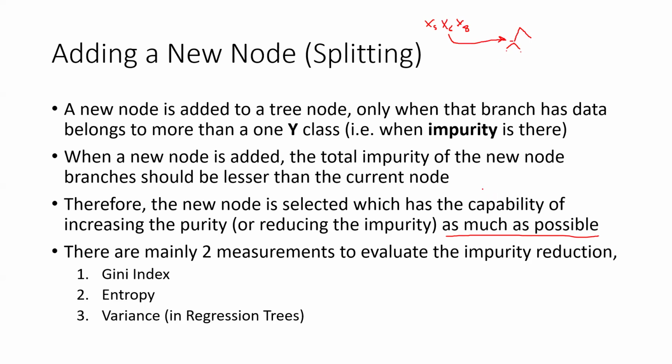This is how we select the categorical variable from the available set of variables. So in order to find how much impurity is reduced by adding this particular variable, you have to measure the impurity, right?